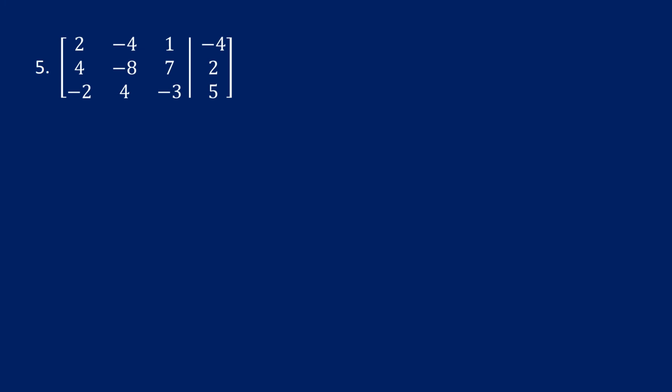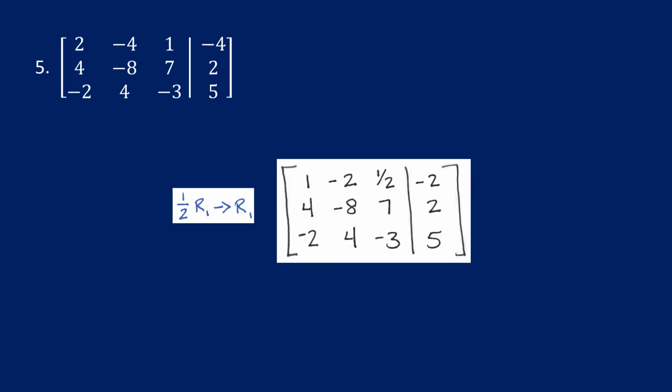So notice in column 1 there are no 1s, so we can't do a simple interchange like we did in the last one. We're going to actually have to just manipulate row 1. So I need the first non-zero element to be a 1, so I need to change the 2 to a 1. So I am going to multiply by 1/2 and get a new row 1 of 1, negative 2, 1/2, negative 2.